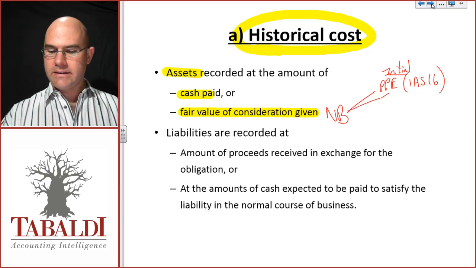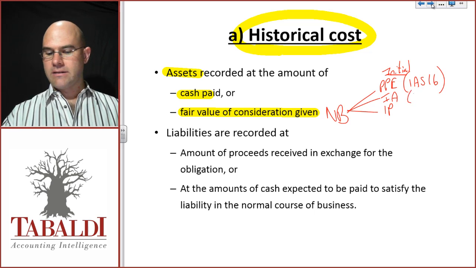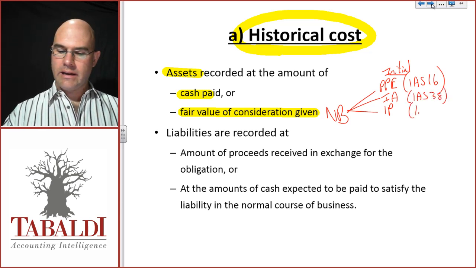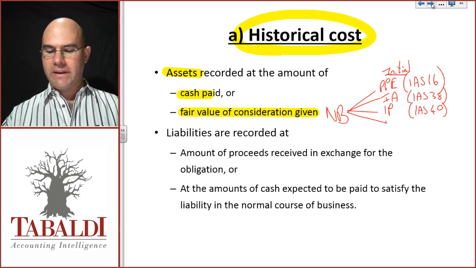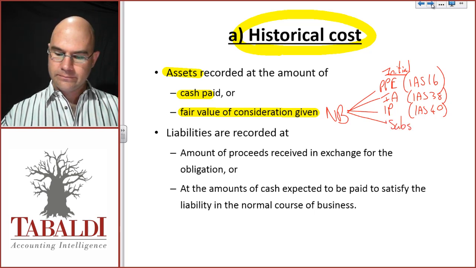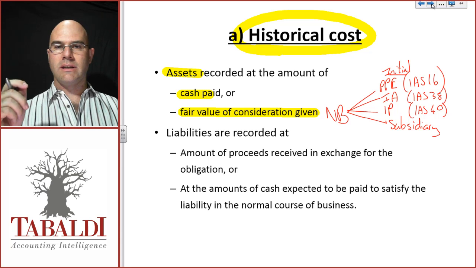So PPE, intangible assets, investment property, so that's IAS 38 and IAS 40, all initially recognized at cost. One that we also always forget about is subsidiaries. Subsidiaries, initial recognition at the fair value of consideration given.